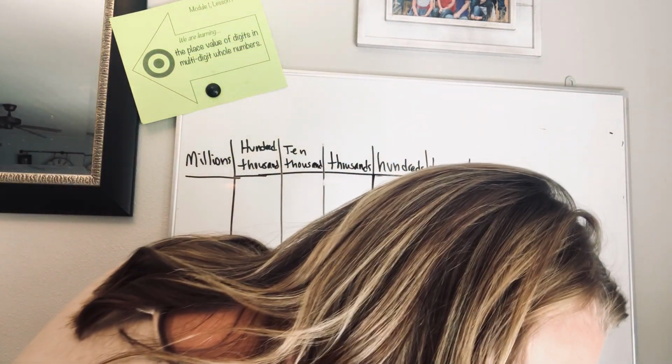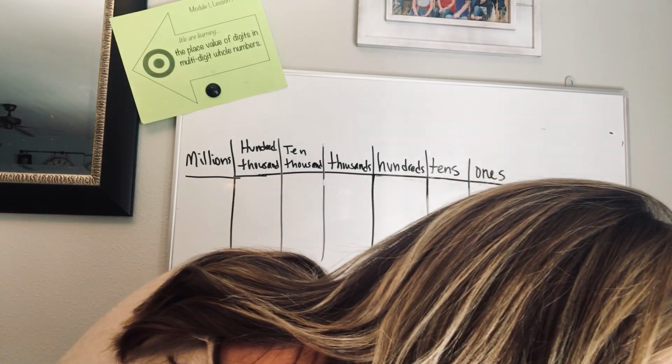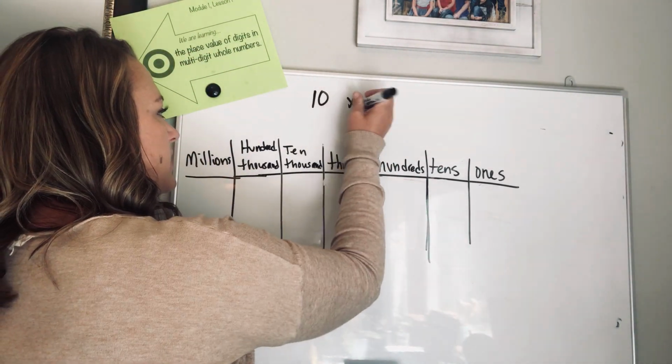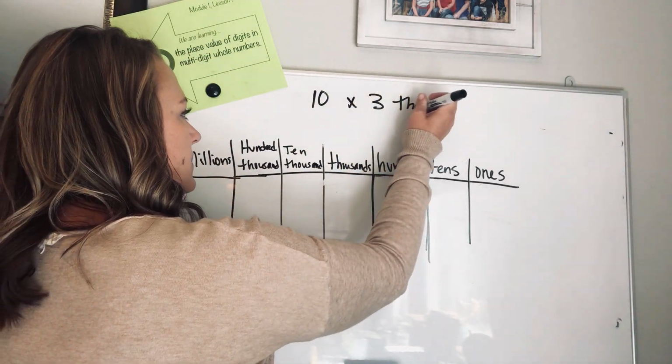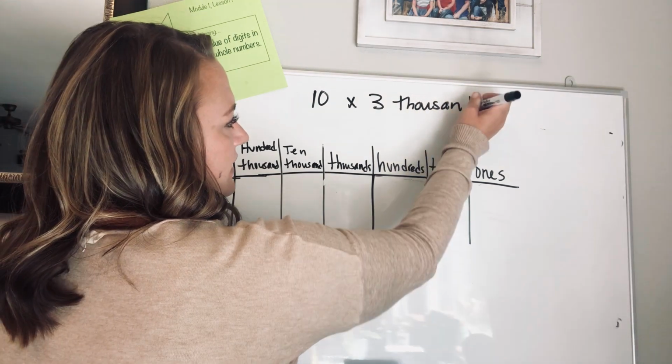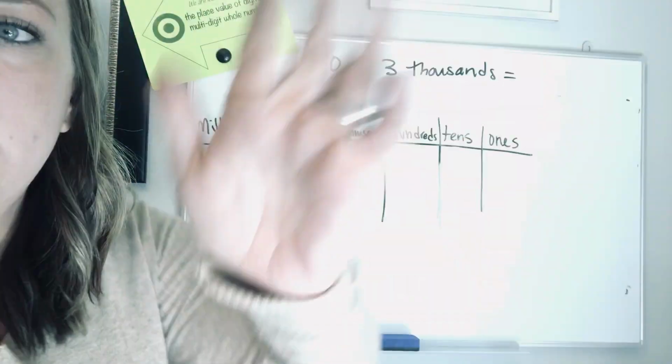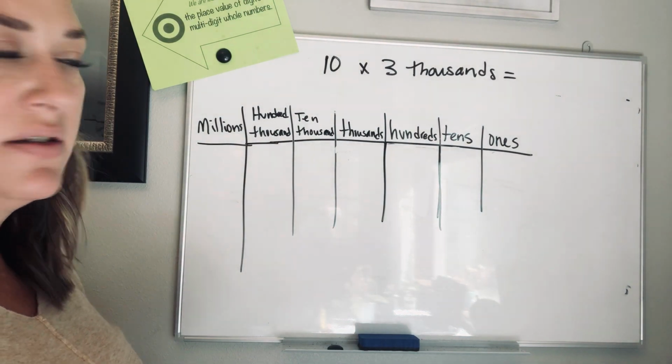So our next one is 10 times 3 thousands. Remember from our last lessons, if I'm multiplying by 10, I'm moving to the left on my place value chart.